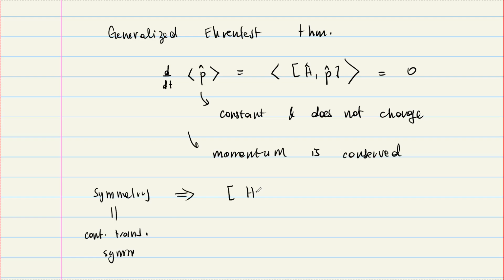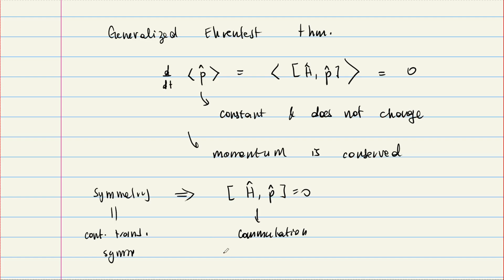So H and p commute. Symmetry means something commutes with the Hamiltonian in quantum mechanics. And if something commutes with the Hamiltonian, we know they have common eigenbases. That's our commutation theorem.